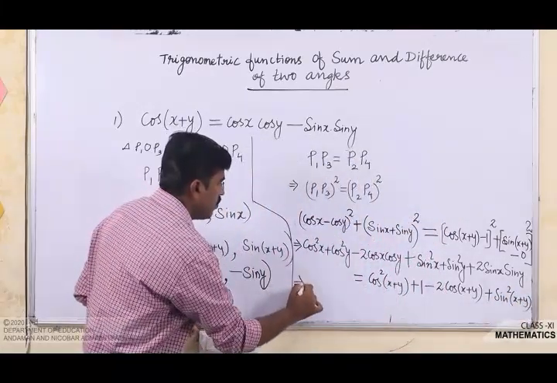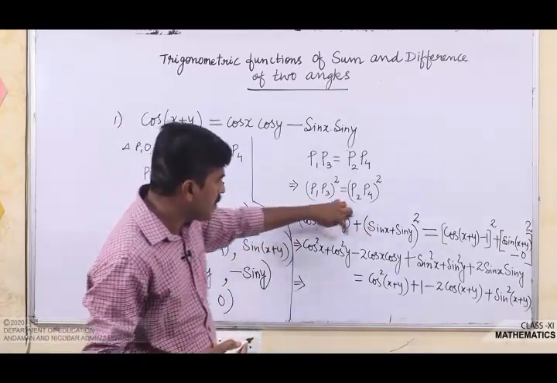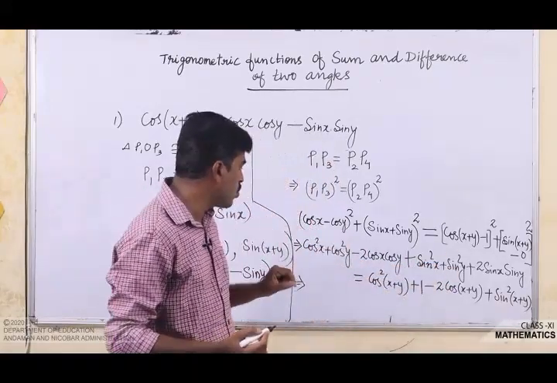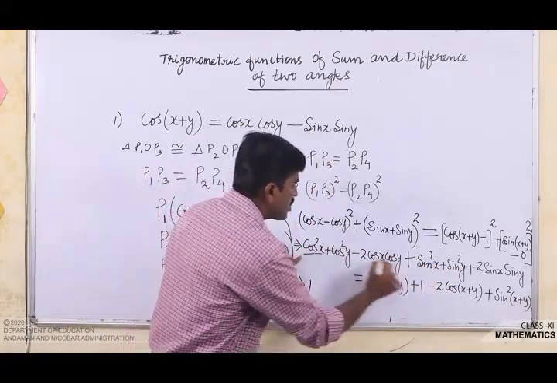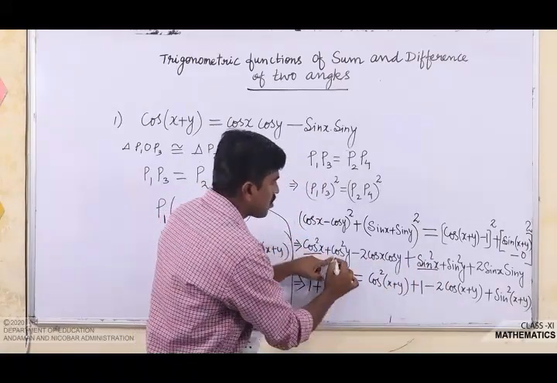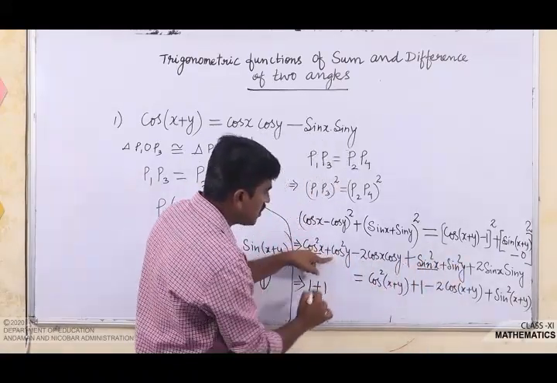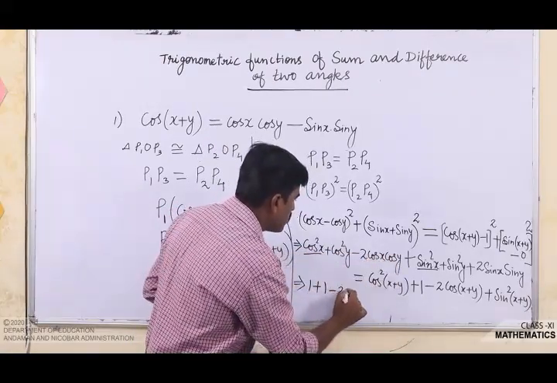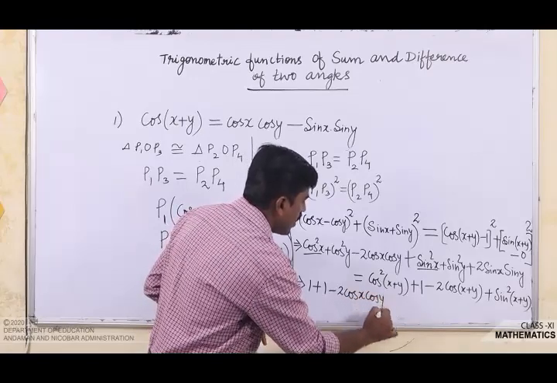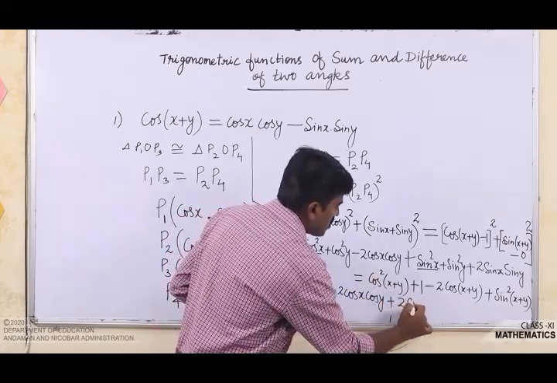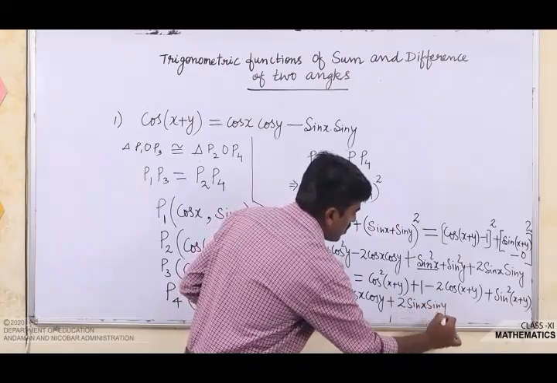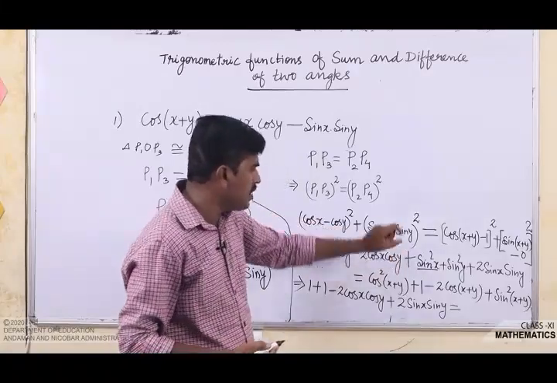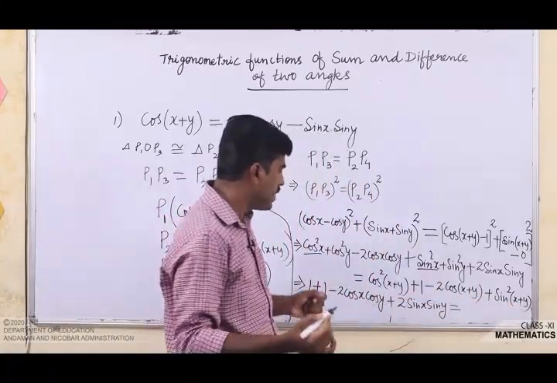Okay. Now we can write this cos square x plus sin square x, that is 1, then cos square y plus sin square y, that is also 1. Now it is minus 2 cos x cos y plus 2 sin x sin y is equal to, now here the RHS cos square of x plus y plus sin square of x plus y, that is 1.